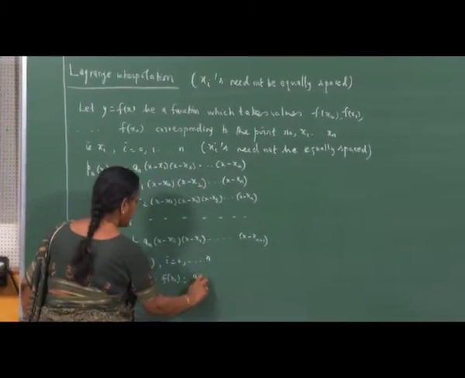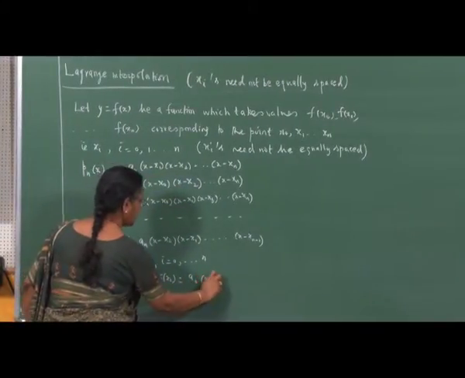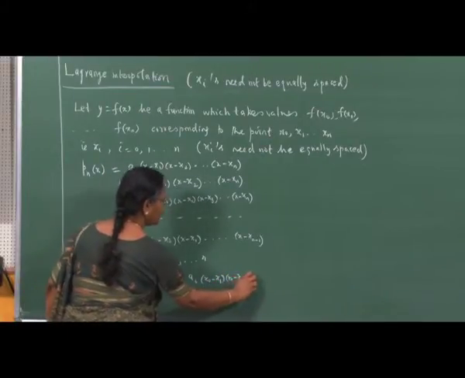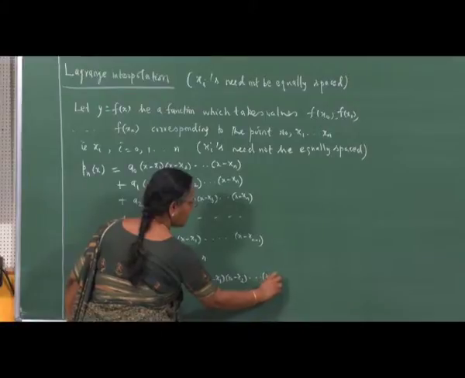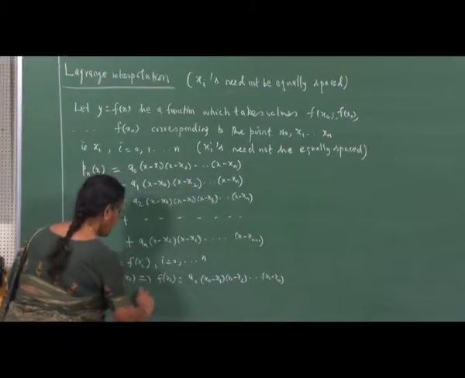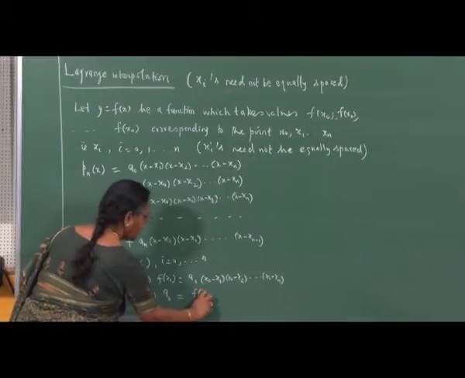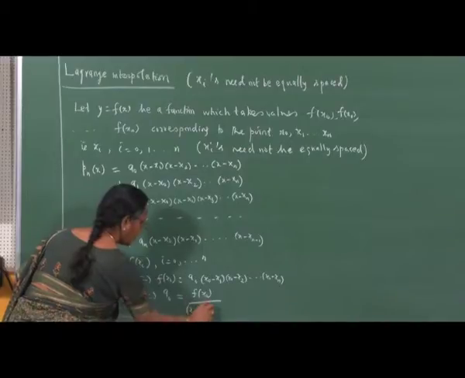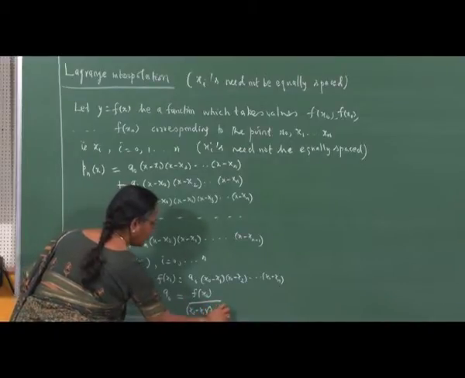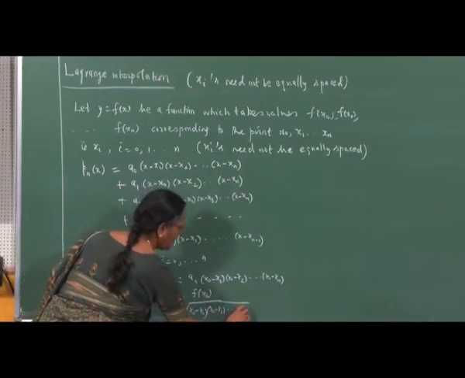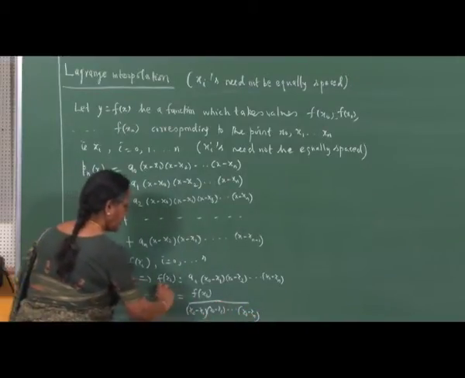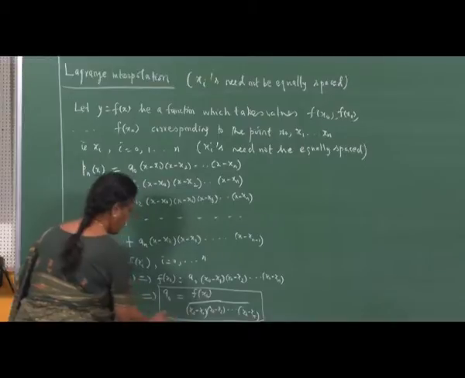So, that gives a naught into x naught minus x 1 into x naught minus x 2 etc. up to x naught minus x n, which tells us that a naught is f of x naught divided by x naught minus x 1 into x naught minus x 2 etc. up to x naught minus x n. So, a naught gets determined using this condition.